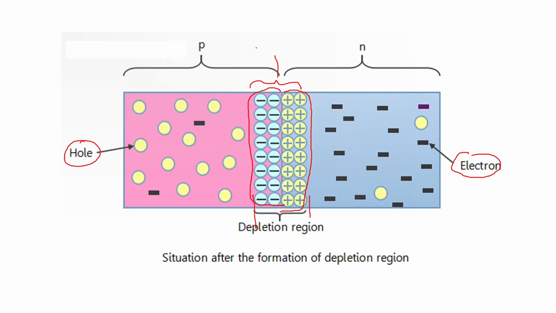You can say that this electric field is negative here and positive here. So some kind of electric field is developed here because of these negative ions and positive ions, and this is going to oppose the movement of holes to the n side and electrons to the p side. So it is going to oppose the diffusion, and it is going to stop the diffusion.